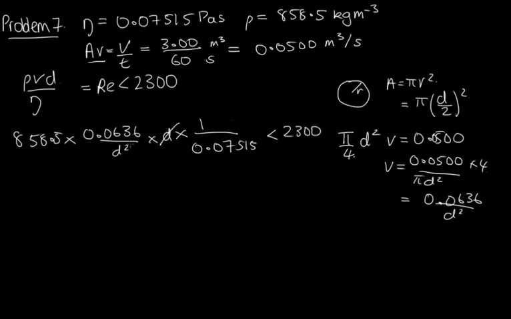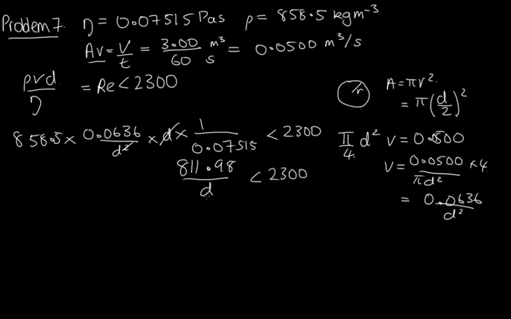Now, this d will cancel one of those d's there. And then we've got a whole lot of numbers on this side. So we can do 858.5 times 0.0636 divided by 0.07515, and we end up with 811.98 over d has to be less than 2,300.